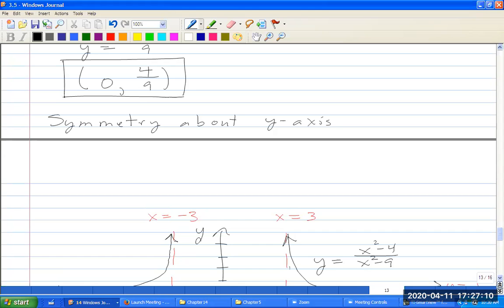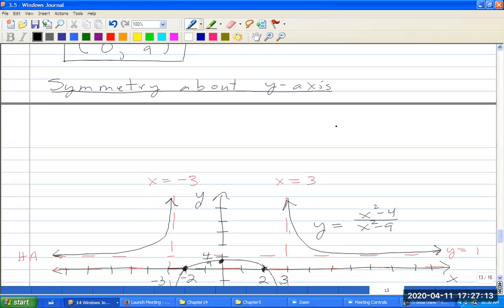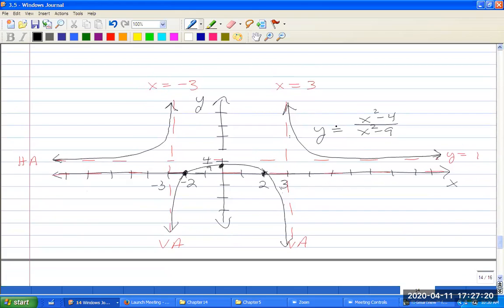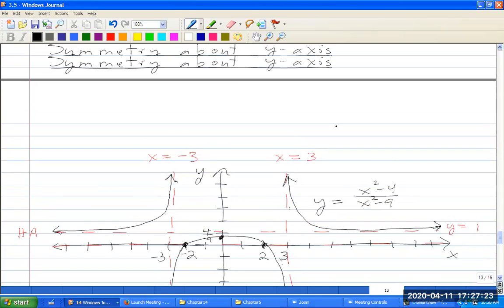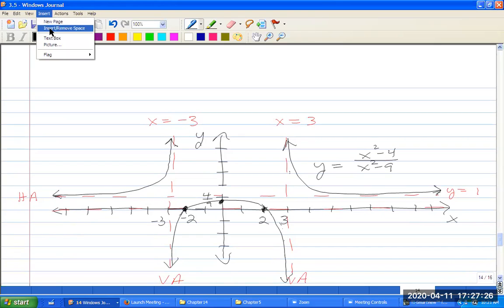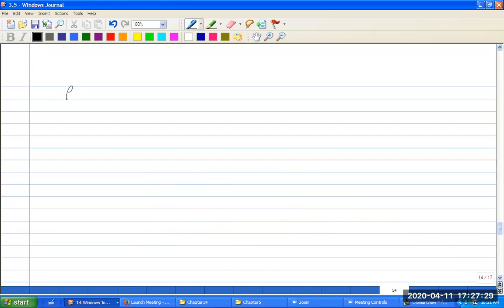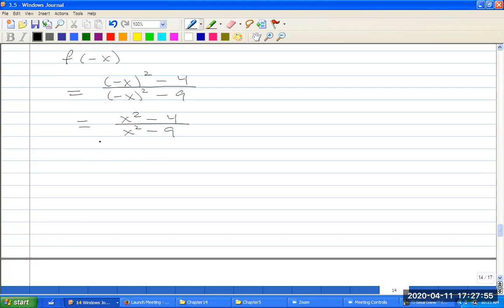And the reason for that is, if I replace x by negative x, I'll get negative x squared minus 4 over negative x squared minus 9, which is x squared minus 4 over x squared minus 9, which is f of x.